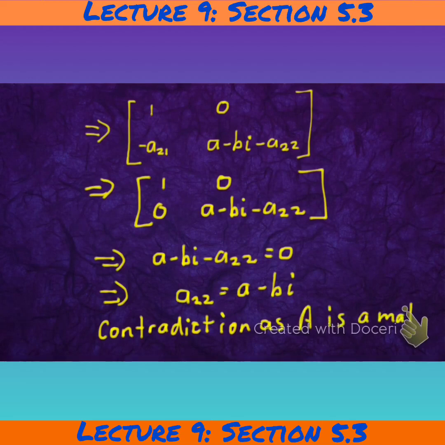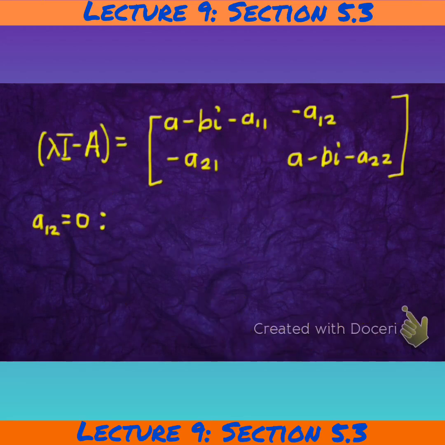It's a matrix with real entries, so that can't happen. Therefore A12 cannot be 0.